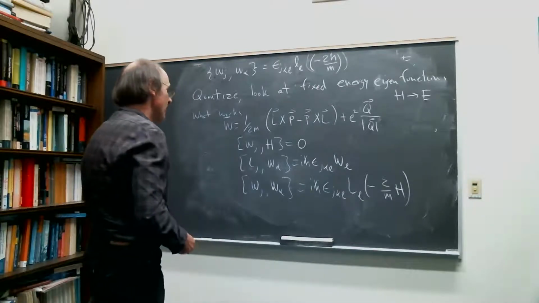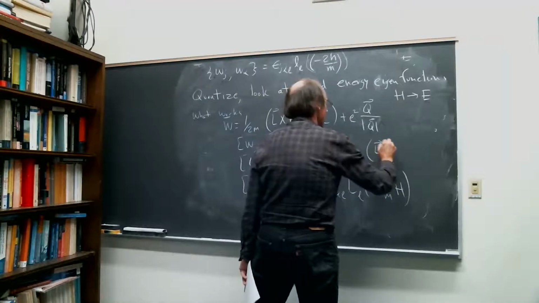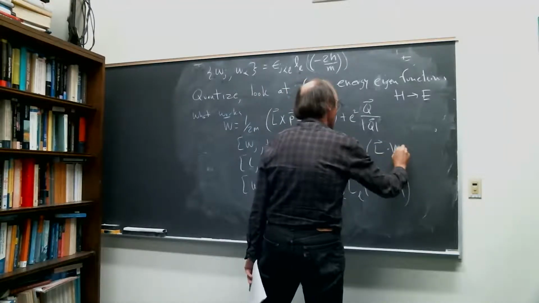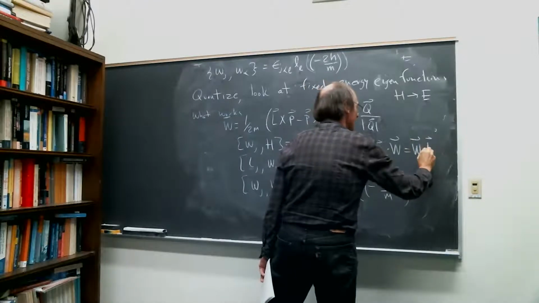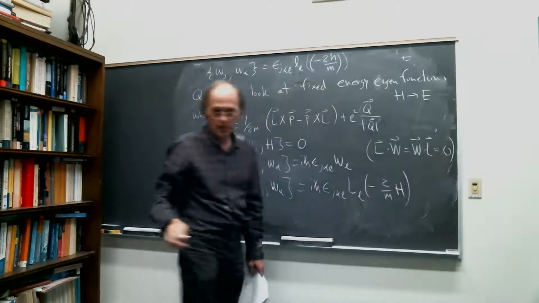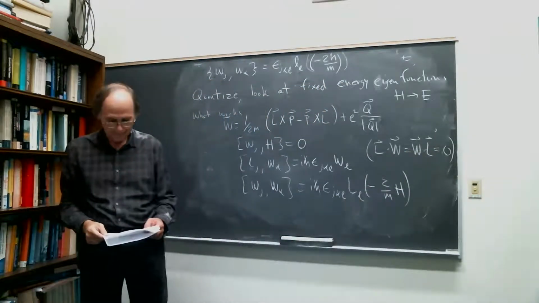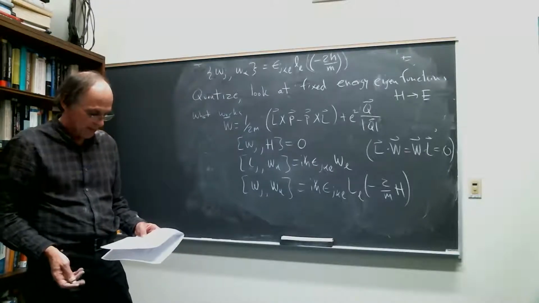And then you can also check that this guy is 0. You can also check that you have this identity.